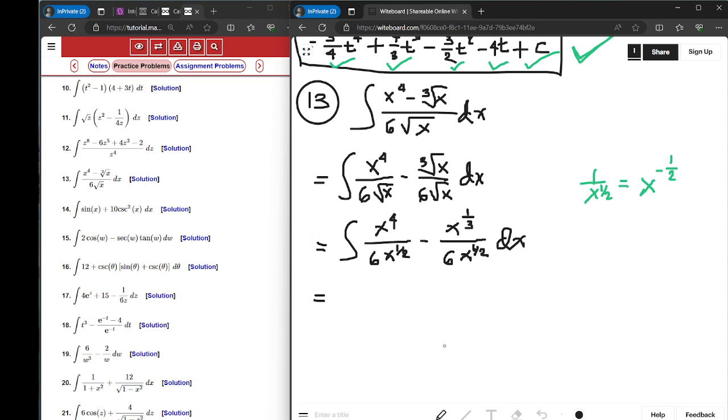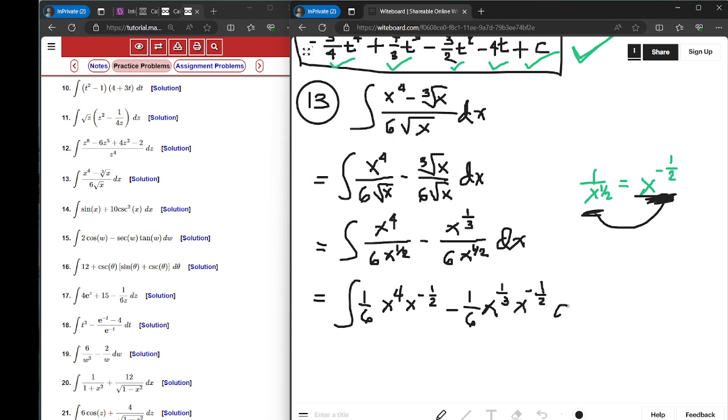So what will happen is that this will become the integral of, we'll just move out 1 over 6 here, x to the fourth times x to the power of negative 1/2. So if we want to change a fraction into this form, this will happen. Then we have minus 1 over 6, x to the 1 over 3 times x to the negative 1/2 dx.